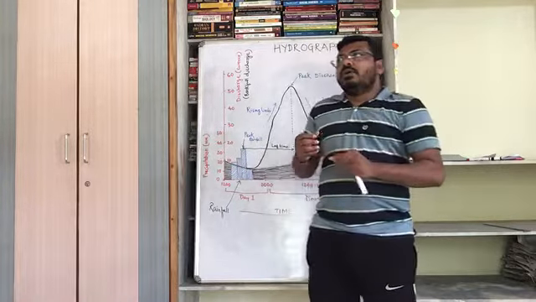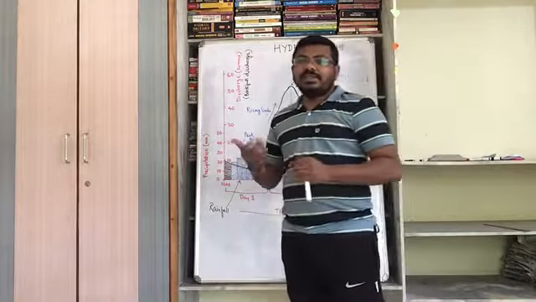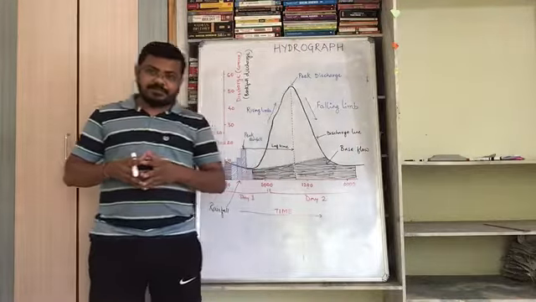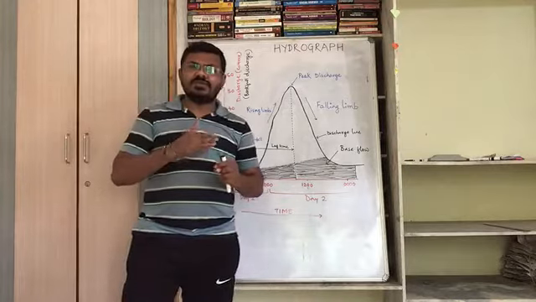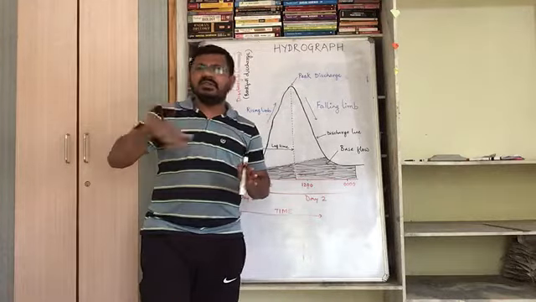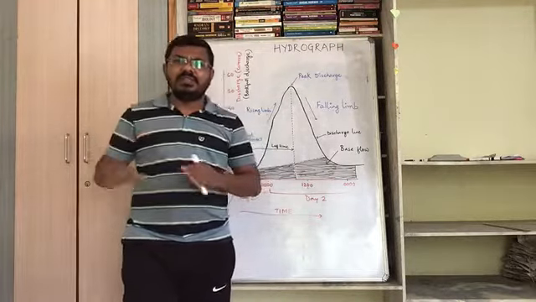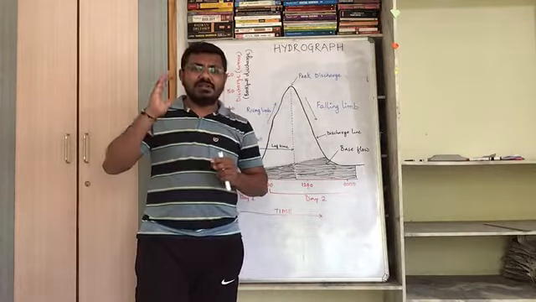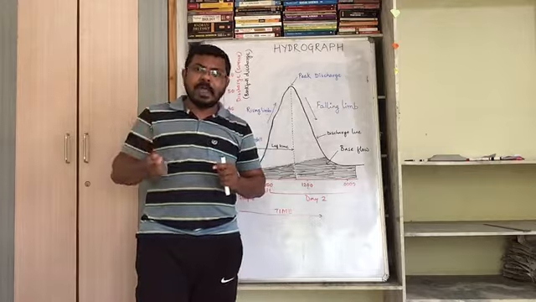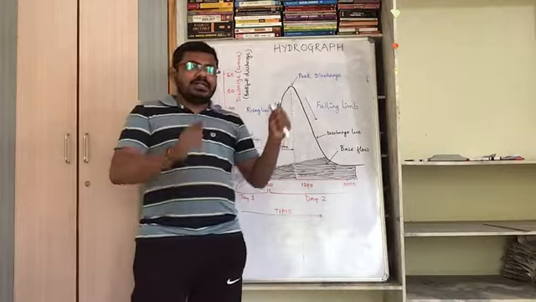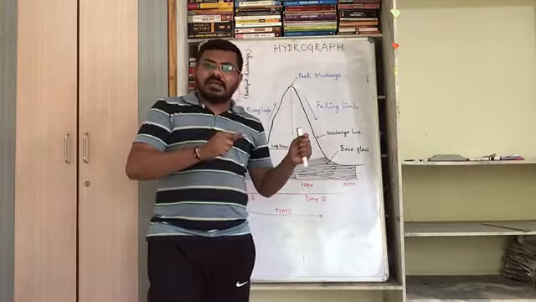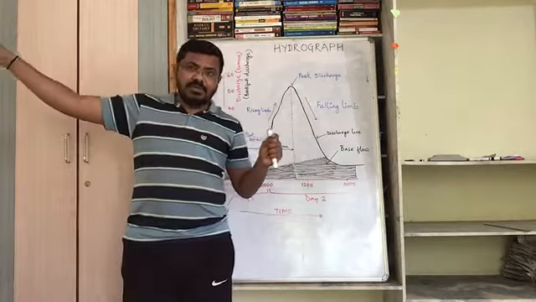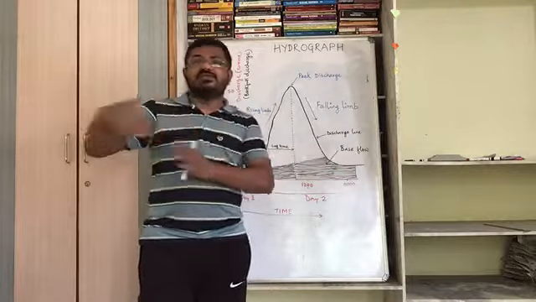For example, let us say that Rajkot has got the rainfall at 11 o'clock in the morning, and by 12 o'clock there was very heavy rainfall, and then the rainfall decreases, and by the evening there was no rainfall. So 12 o'clock was the time when Rajkot got the highest amount of rainfall. It doesn't mean that at the same time the nearby river will get that much amount of water.